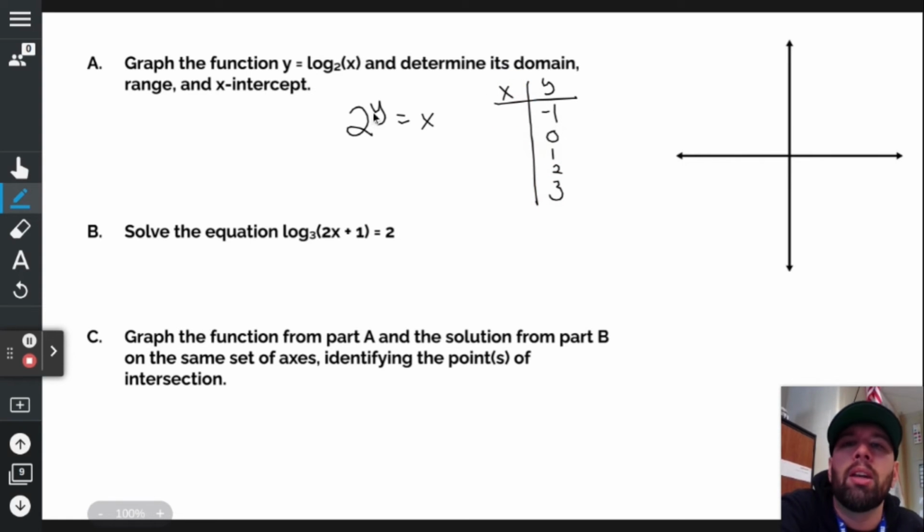If I plug in -1, I get 2 to the -1, which is 1/2, so x equals 1/2. If I plug in 0, I get 2 to the 0, which is 1. If I plug in 1, I get 2 to the first, which is 2. If I plug in 2, I get 2 squared, which is 4. And if I plug in 3, I get 2 to the 3, which is 8.